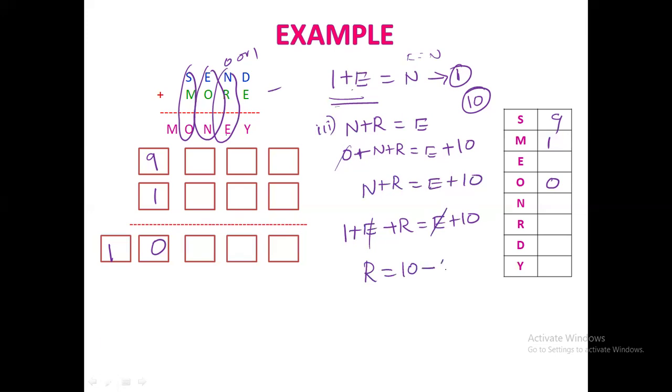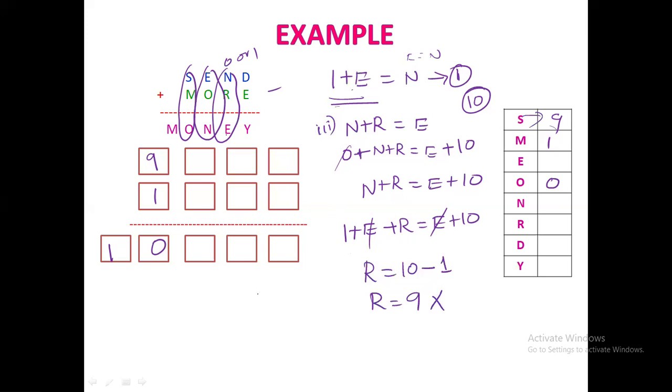So R is equal to 9. Will this value be valid? No, because S is already assigned the value 9. So it is not possible. So the carry must be 1.